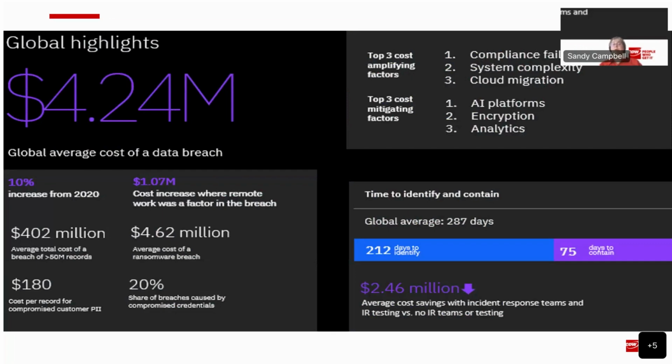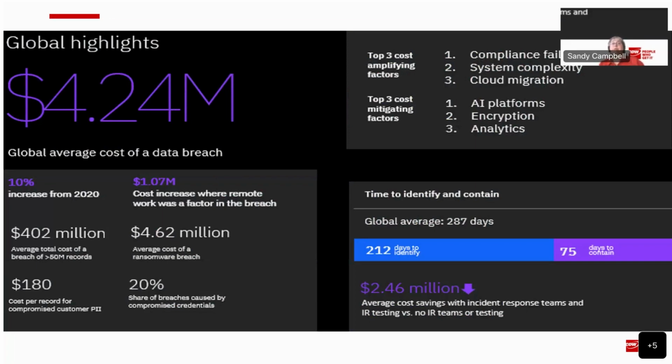Well, everybody knows there are a lot of data breaches going on. It's not ending, right? It's continuing. This data came out in 2022. There was a 10% increase from 2020 in the number of data breaches. Back then, the average total cost of a breach was 402 million.